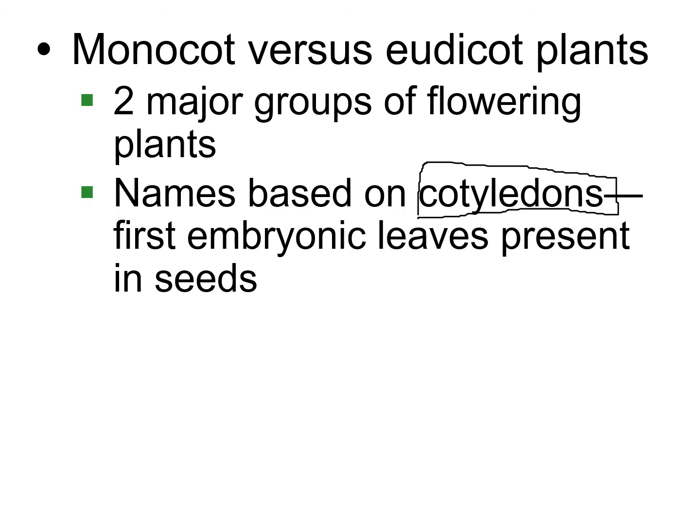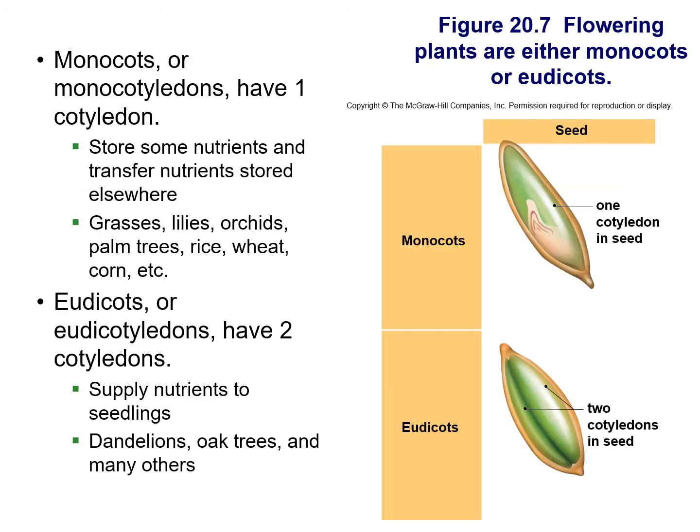So you'll see a lot of comparisons in the next few slides. If you look here, the monocots, or the monocotyledons, have one of these embryonic leaves. This tends to be like a grass seed or a rice seed, sometimes wheat and corn, but they're very distinct because when they start to grow, they will have one leaf coming out.